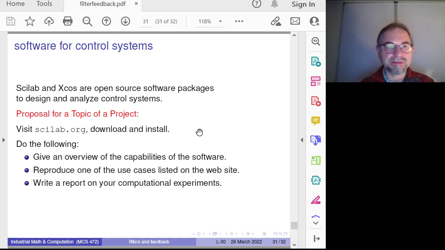In some sense, this is a software project, and it could be all too easy that you get sidetracked. So in any project, you have to spend as much time on the oral presentation and the technical report as on the actual investigation. Keep that in mind.